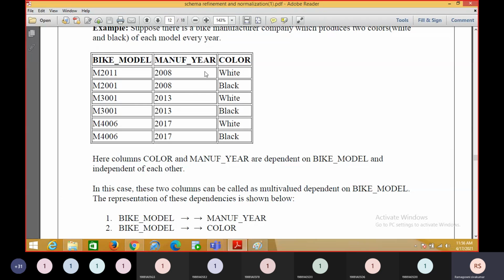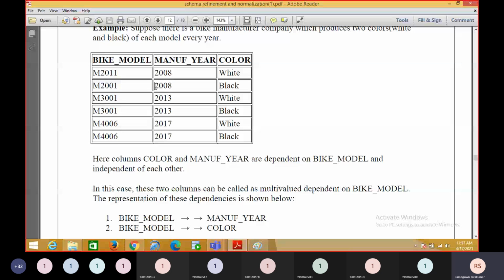Okay, but the manufacturing year and color are depending upon the bike model. In this case, the two columns can be called multi-value dependent on bike model. These two, year and color, are depending on the model.